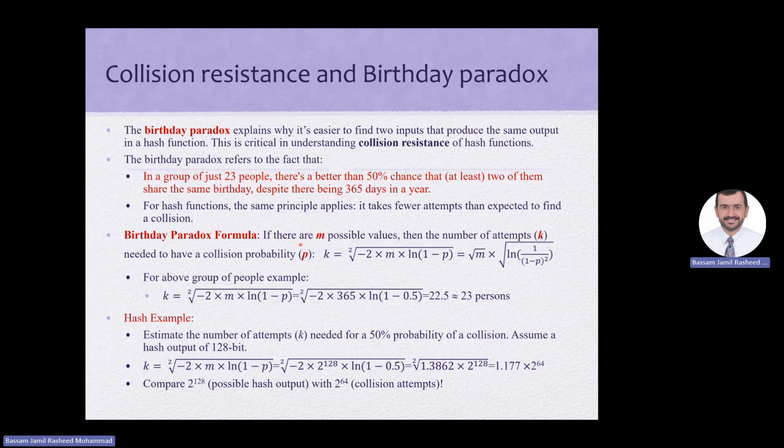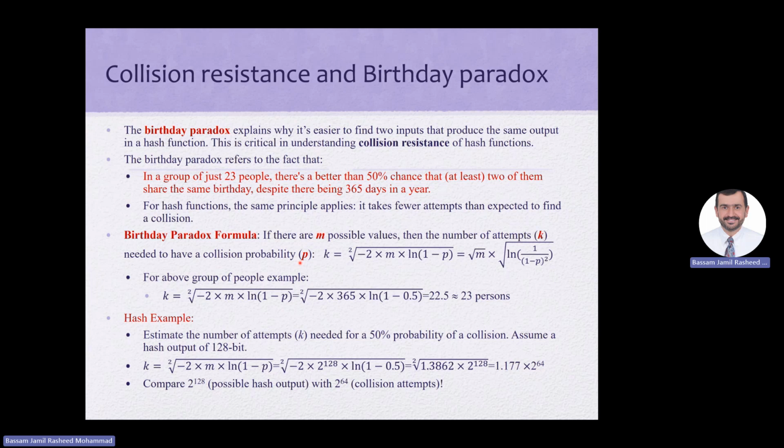If you have m possible values, in this case the 365 days, and we want to try k trials, we want to find out how many people we need to pick so that I will have a collision, meaning two people with the same birthday, with a probability of p.